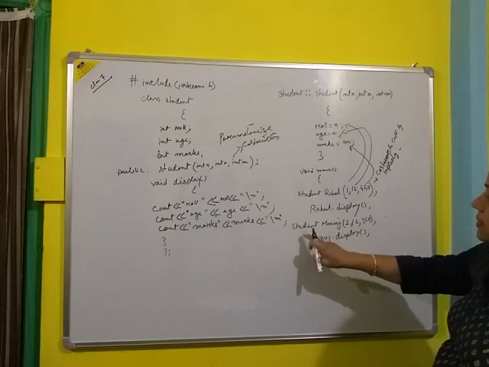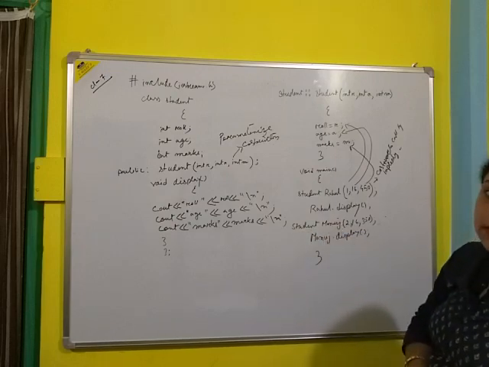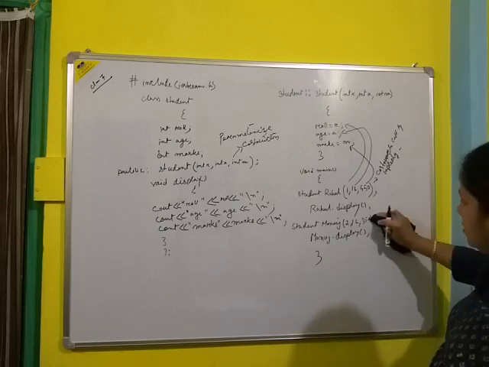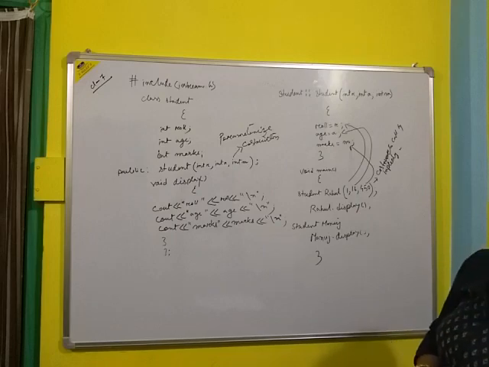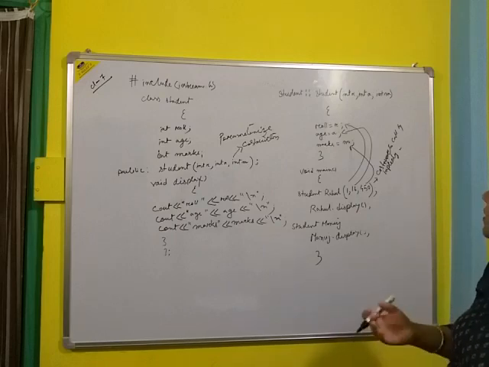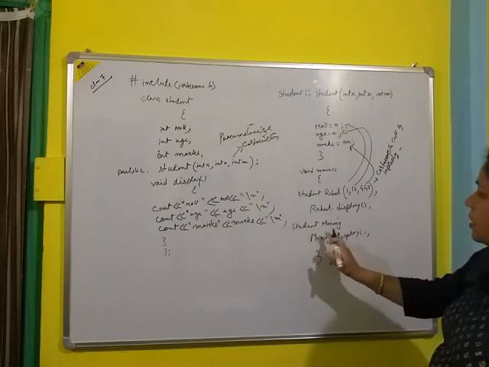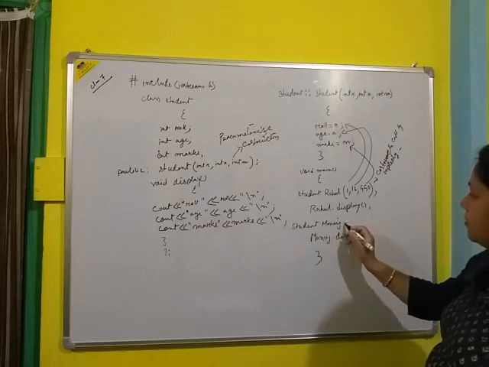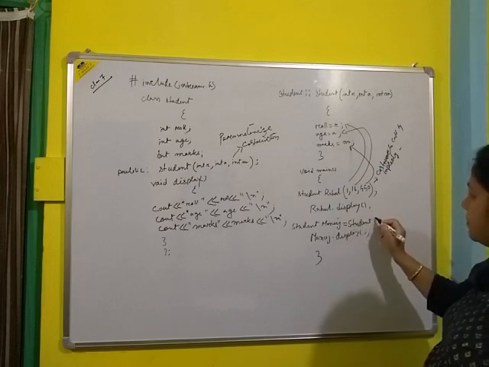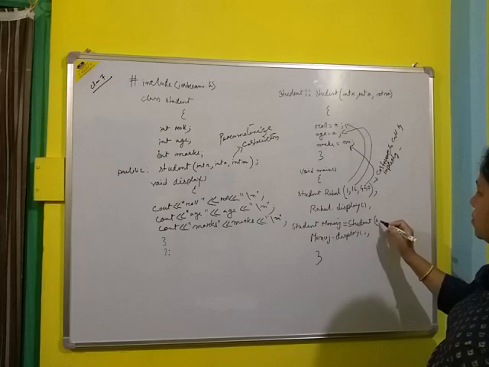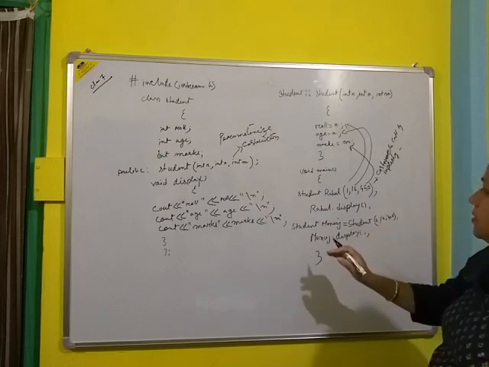And look at this. I declare one more object. The name of the object is Manoj, and here I am going to use the next method, that is, call the constructor explicitly. So Manoj = Student(2, 16, 350).